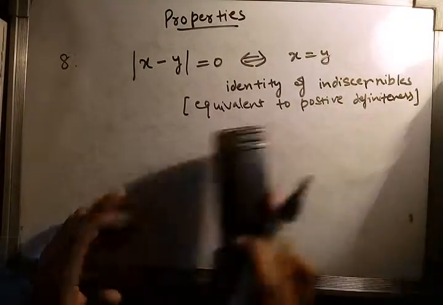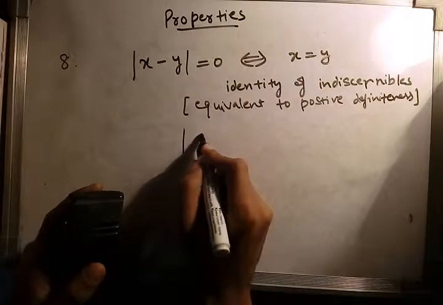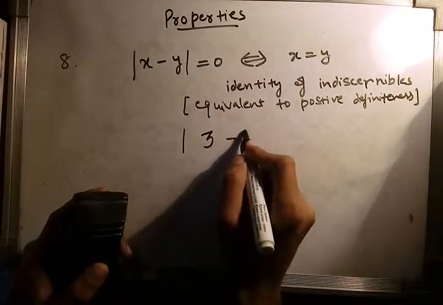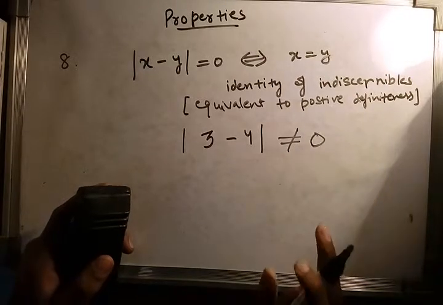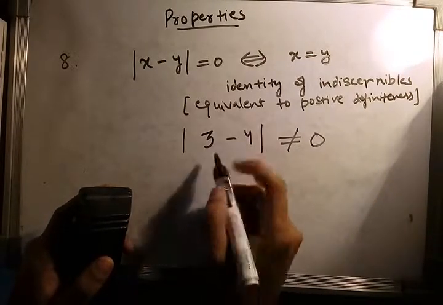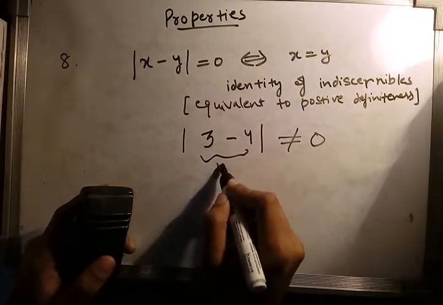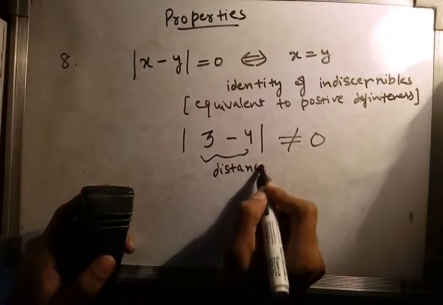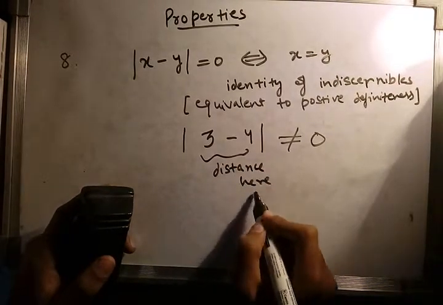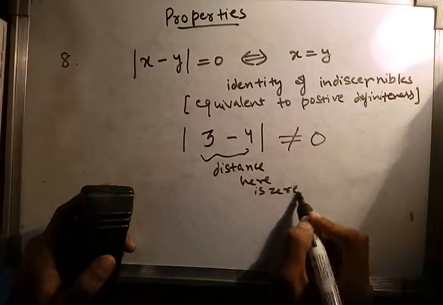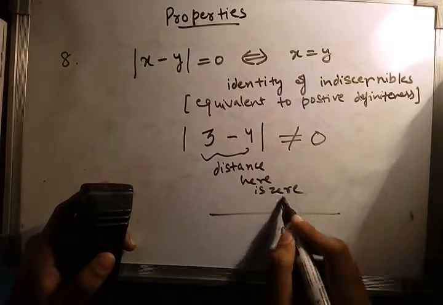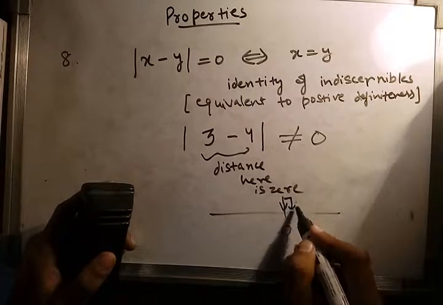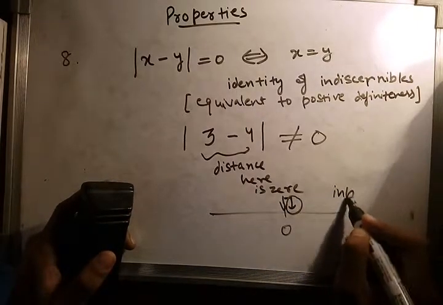Let me show you with an example. If we take modulus of 3 minus 4, this cannot be equal to 0. The only way it can be equal to 0 is if the distance is 0. So if we take a number line and look at the distance, it will be 0 only if the input is 0.